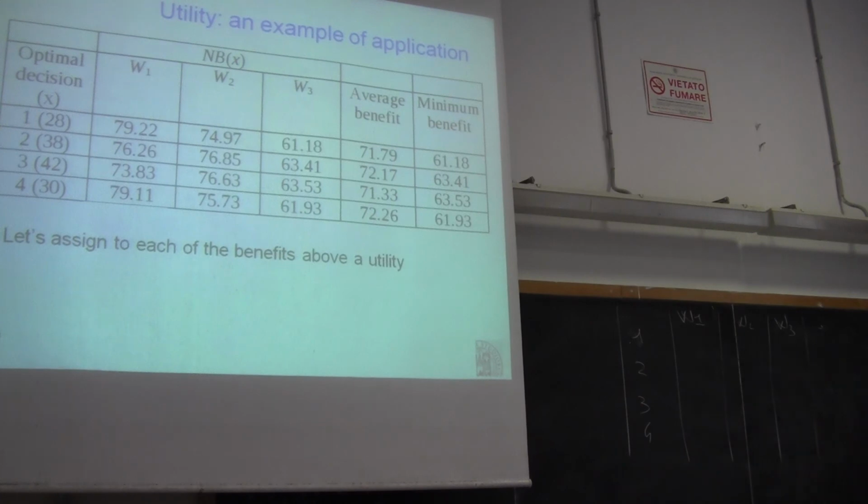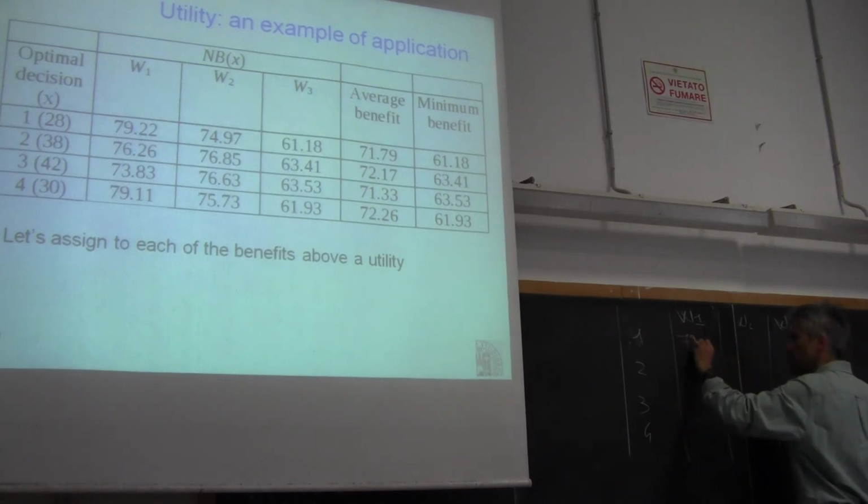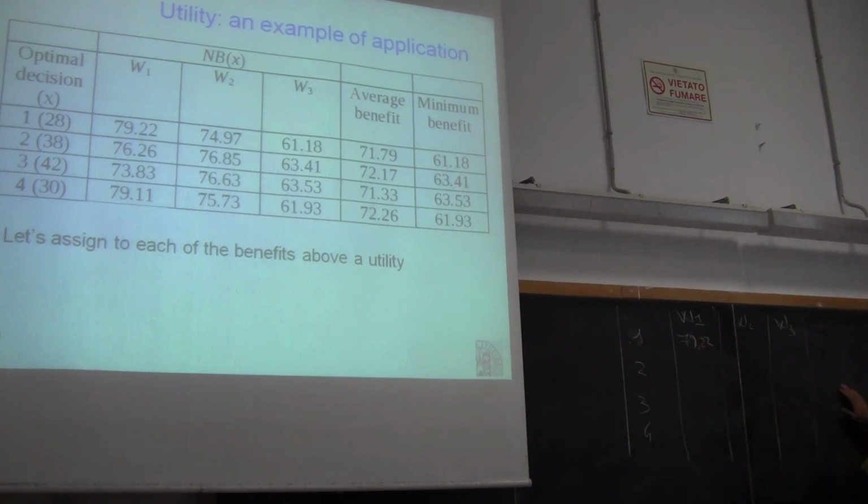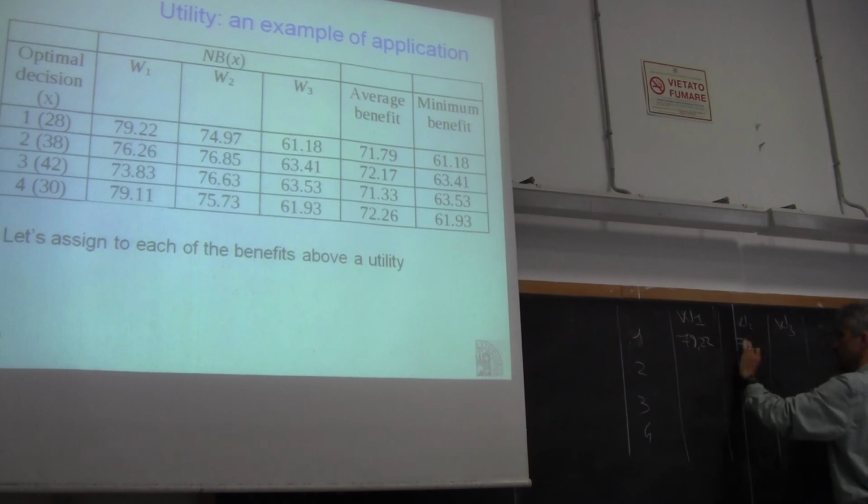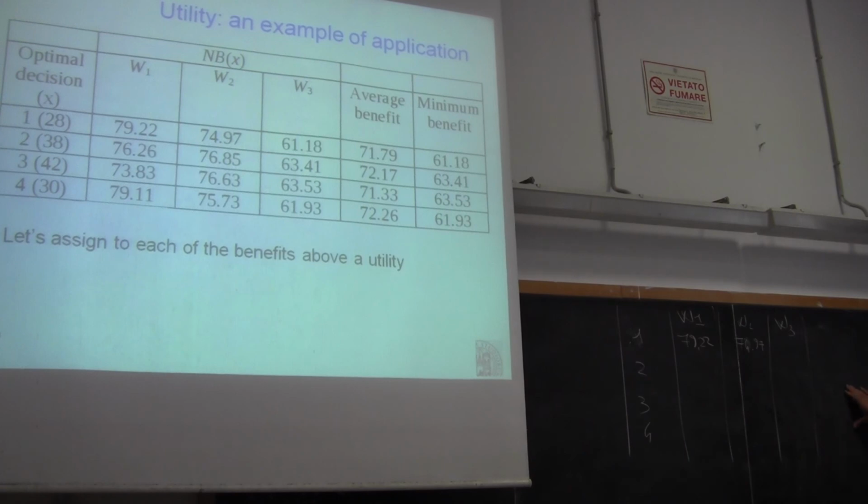And I have these benefits, let me copy just the first row: 79.22, and the second is 74.97, and the third is 61.80. Perfect.